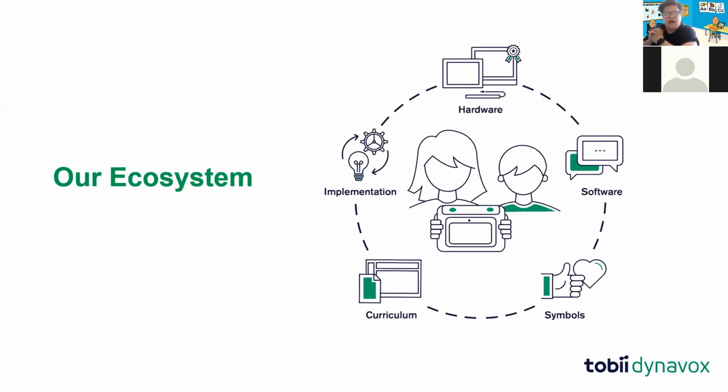So it might be looking at hardware, so looking at different devices. It might be looking at different software options. It might be looking at symbols, and creating symbol-based resources using Boardmaker. We also have some great options looking at supporting curriculum, and we have lots and lots of free implementation resources as well. Today we're going to be focused on the software, specifically Snap Core First.